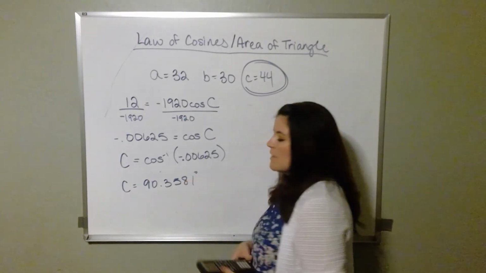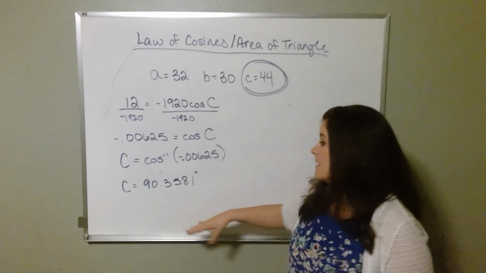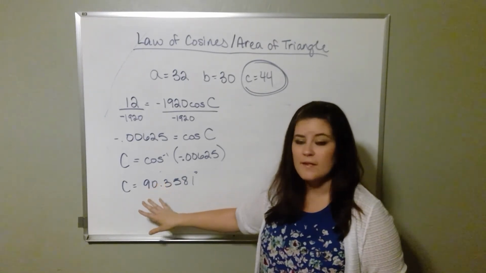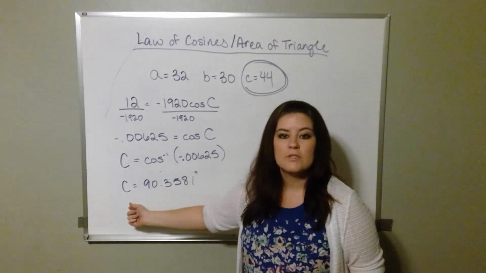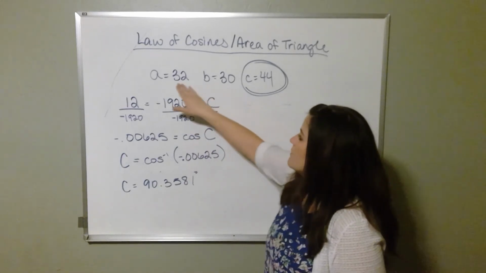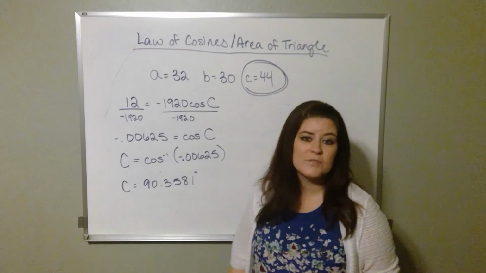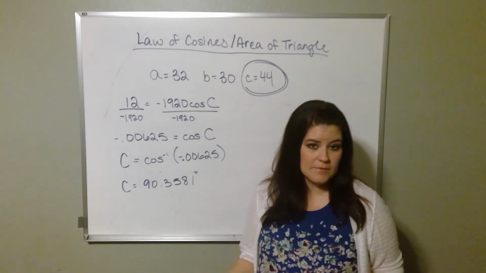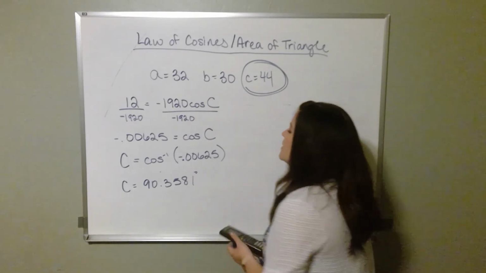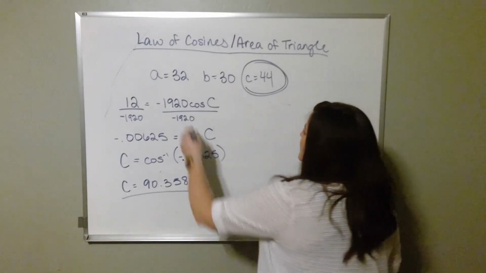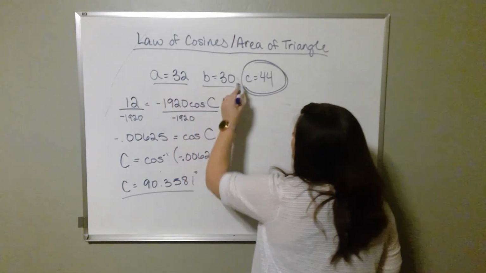So now that you have angle C, and it's the largest angle in the triangle, whether it comes out obtuse or not, it's the largest angle in the triangle. So when you go back and use law of sines to find angles A and B, you don't have to worry about them being obtuse, right? Because C is biggest. So from here, we found C. Your choice, we could find angle A next or angle B next.